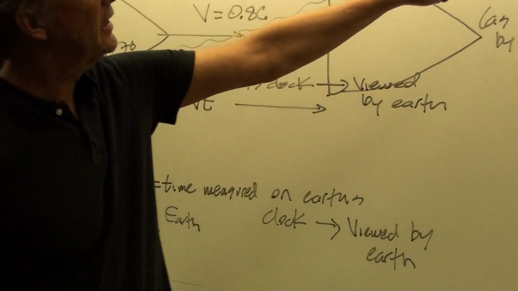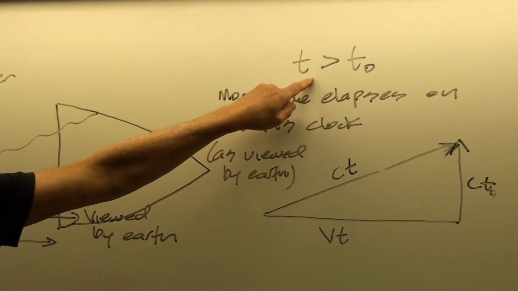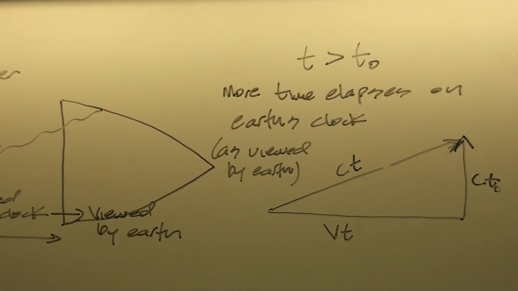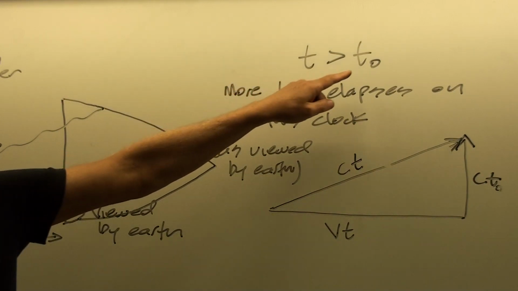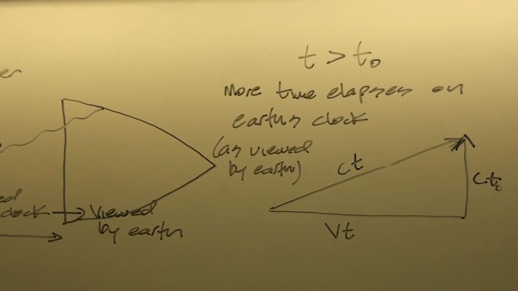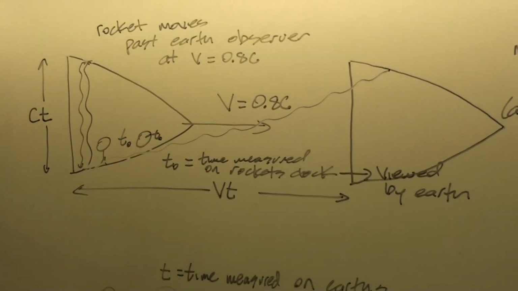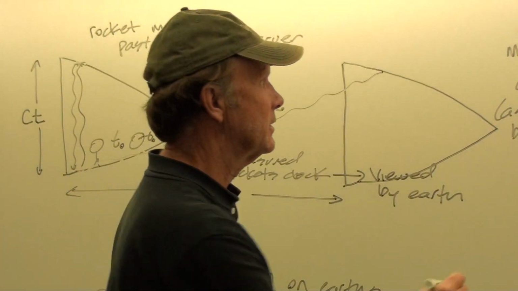The Earth is saying that there's more time elapsing on their own clock than there is elapsing on the rocket's clock. And so therefore, because more time is elapsed, and there's less time having elapsed on the rocket's clock, that means that time is moving more slowly on the moving object.